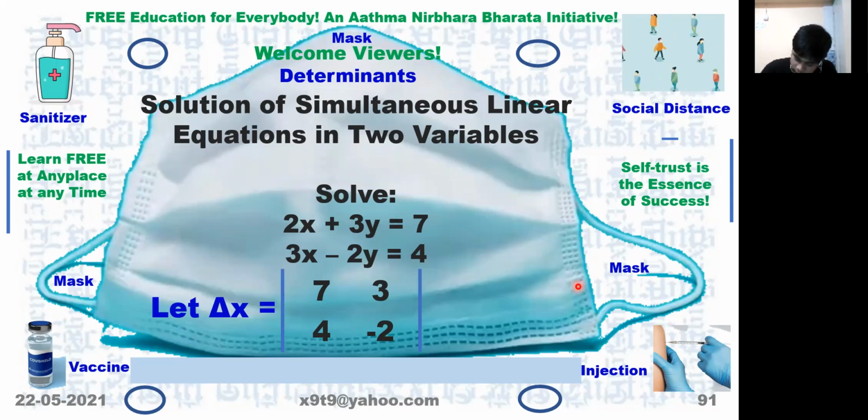Then find out what delta x is equal to. Delta x is equal to 7 into minus 2 minus minus 4 into 3. How much is that? Minus 14, minus 14 minus 12.